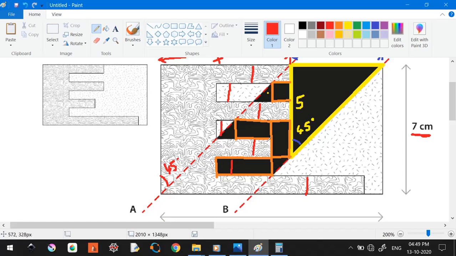We have 1 2 3 4 5 6 7 such portions, which means each of these is going to be 1 centimeter. I hope this is straightforward. Likewise, you don't even have to calculate this. Let us see, this is 1 2 3 until here, 4 5, so you have 5 centimeters here.